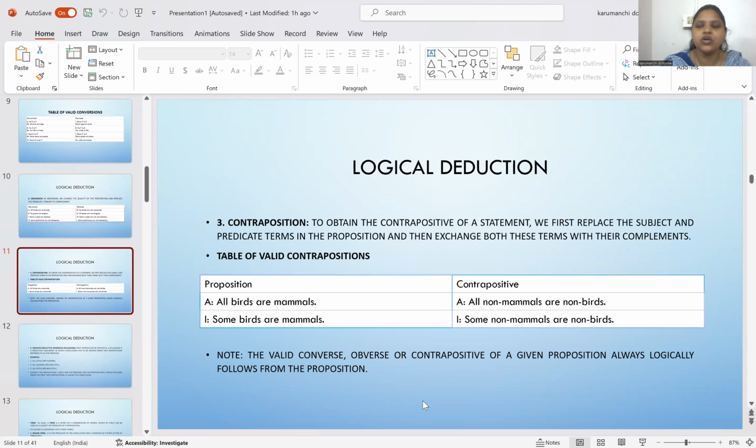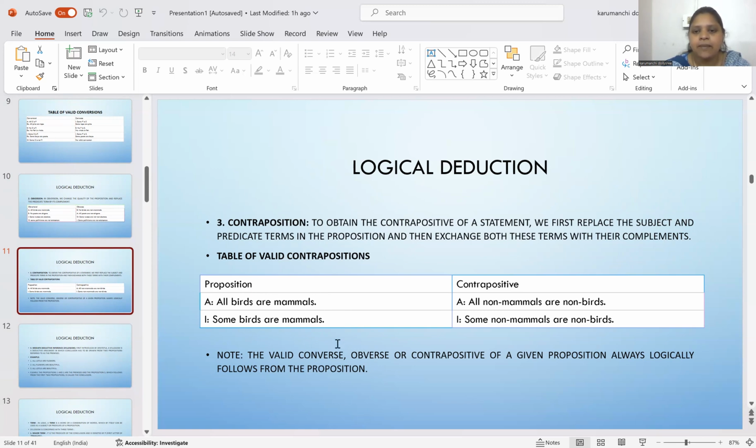And coming to contraposition. To obtain the contrapositive of a statement, we first interchange the subject and the predicate terms in the proposition, and then we replace both the terms with their complements. So, coming to the example here, all birds are mammals, so all non-mammals are non-birds.